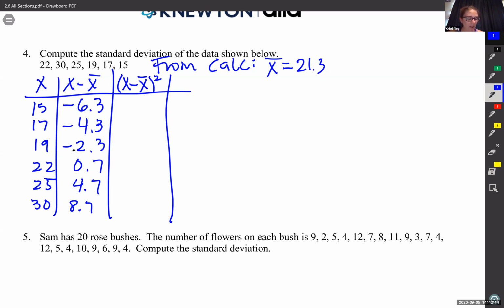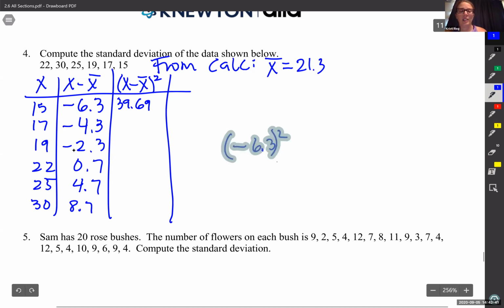When you type in negative 6.3 squared, you should be getting positive 39.69. If you got a negative, it's because you didn't use the parentheses. It is extremely important that every number in this last column is either 0 or positive. No negatives allowed, because this is what's going to give us the standard deviation.